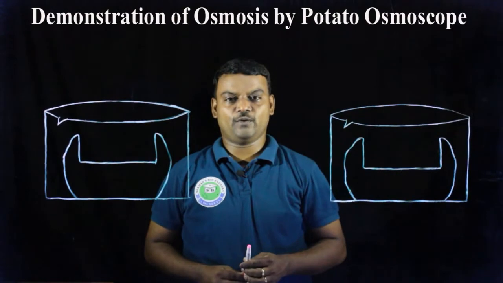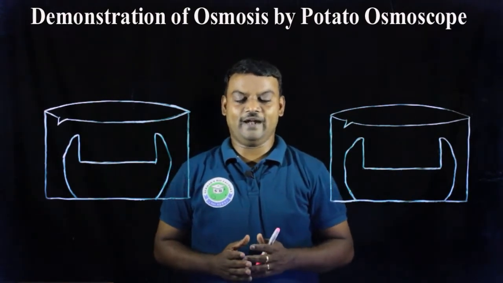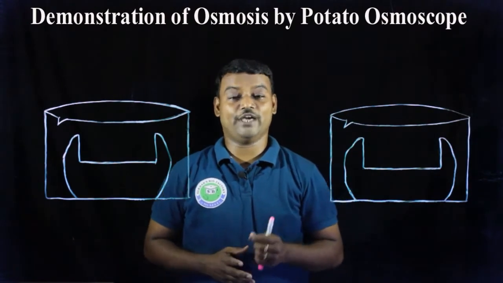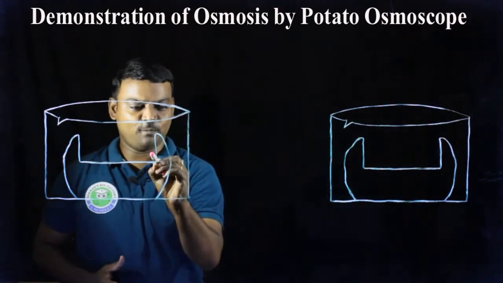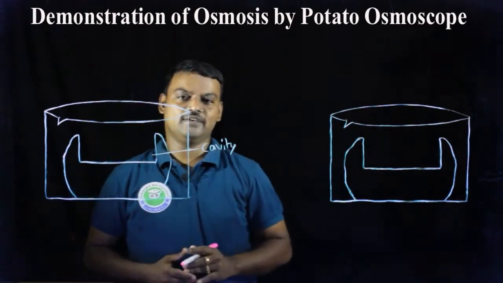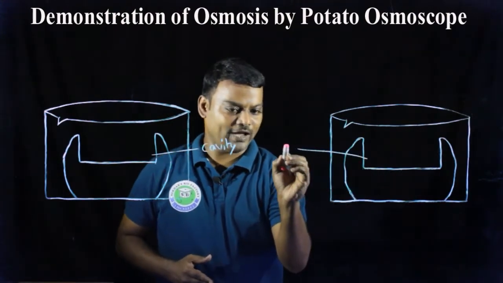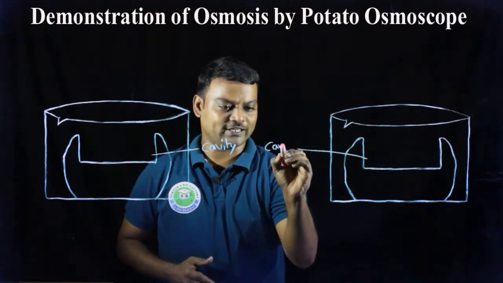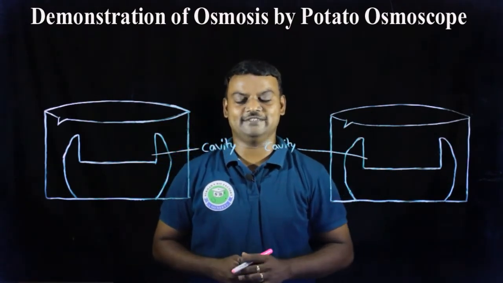The potato is peeled and cut in the form of a cube. After that, by creating a small cavity in this potato tuber, the cavity helps to hold either water or solution during the experiment.